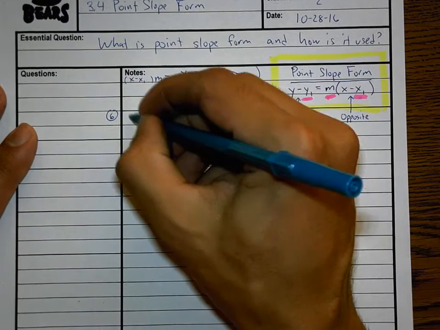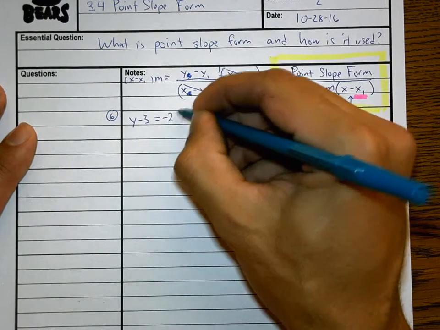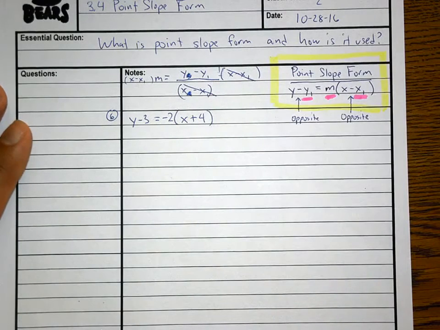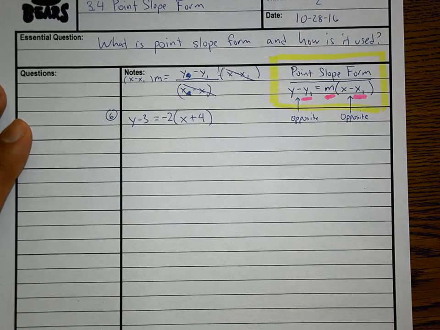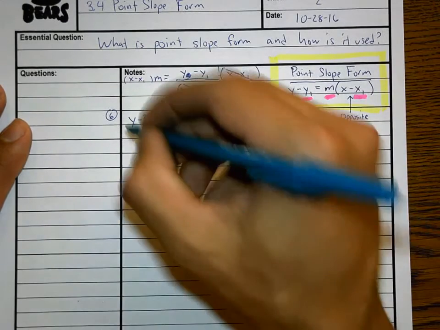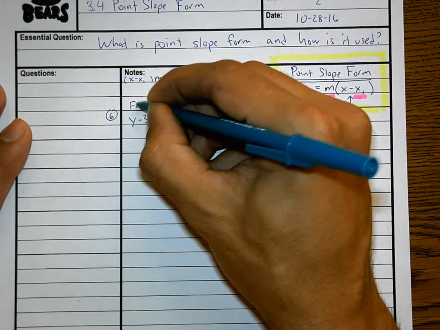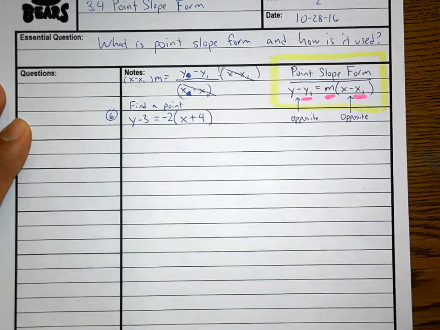Number 6 says y minus 3 equals negative 2x plus 4. And there are going to be 3 directions here. The directions will say find a point on the line.